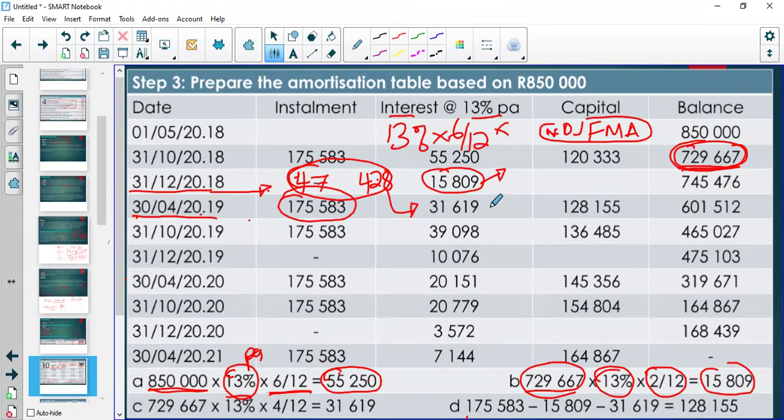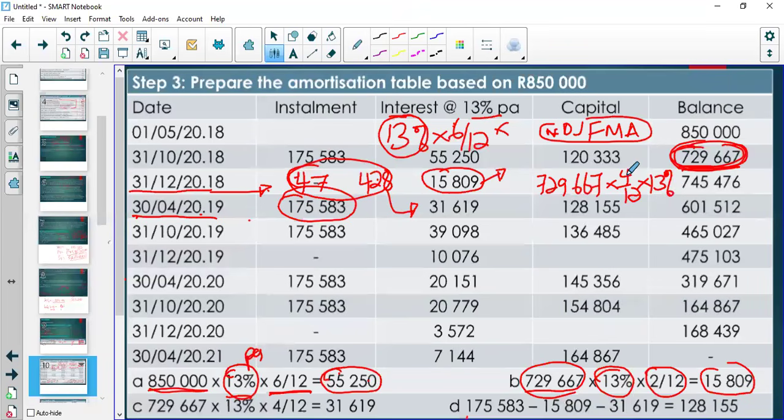So for the 4 months, it will be the balance at the beginning multiplied by the rate of 13% just for 4 months, because the other 2 months were accounted when the year ended. So it will be 729,667 times 4 over 12 times 13%.